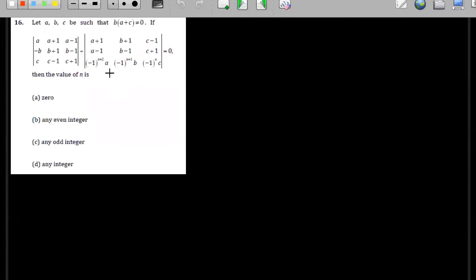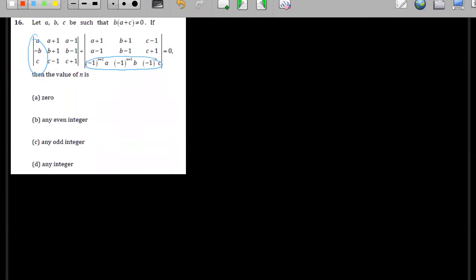But see, in this question, what I saw was that here we have a, b and c. Here we have a, b and c. In this also we have a, b and c. We multiplied with some minus 1 to the power n, and multiplied with some minus 1 to the power n. Okay, that we'll check.